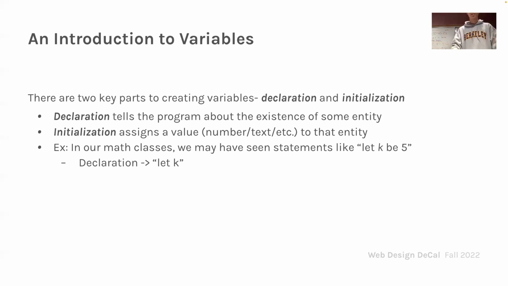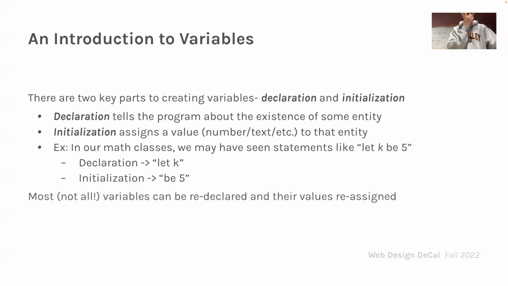Then initialization is the other part, which is "be 5". Again, alone it doesn't really mean anything, but when you connect it to the variable you just assigned that value to, the value is attached to this variable. So that's kind of a real life example.